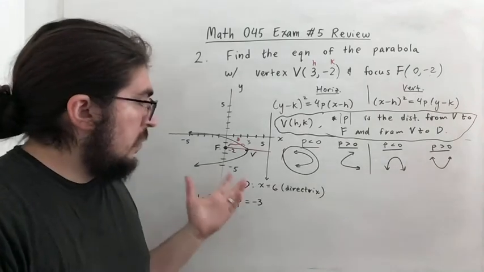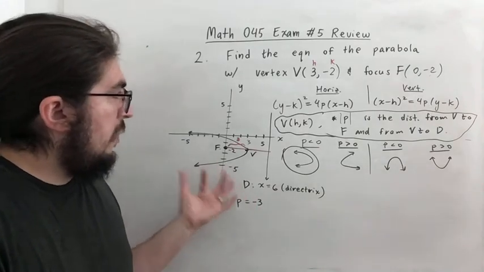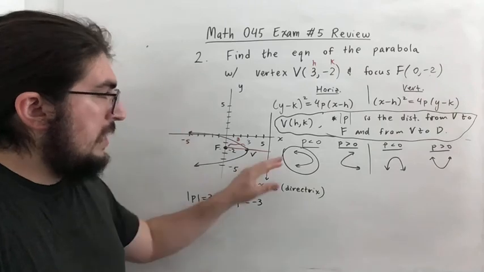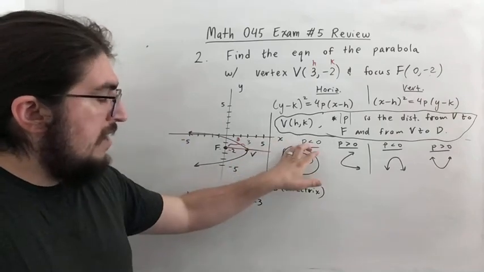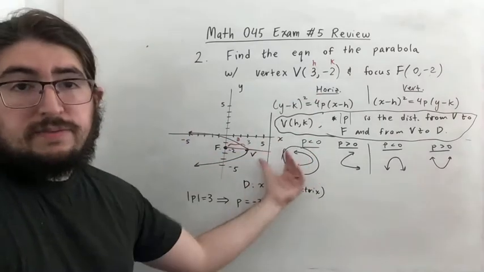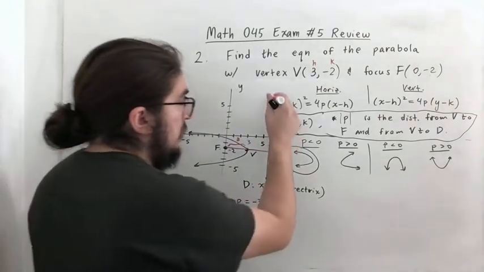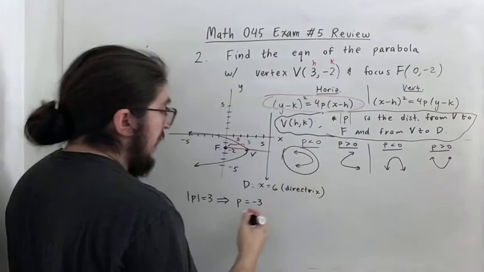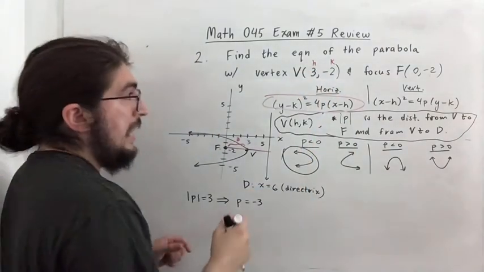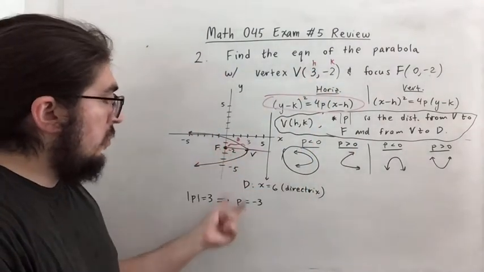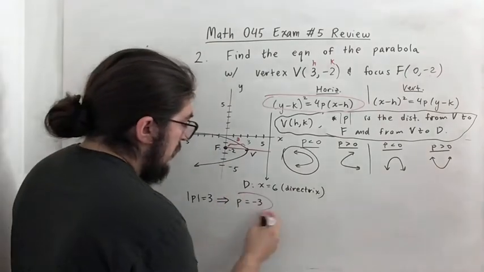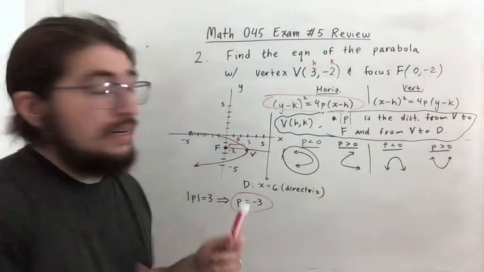So once we have those, we're good to go. Also, we need to figure out what scenario this is. We already said this is a negative p scenario for horizontal because it's facing in the negative horizontal direction. Perfect. So I know to use this equation. I know what h and k are from the problem. And based on the distance from the vertex to the focus, we actually found out what p was. So what does that mean? It means we're done. Let's plug it in.